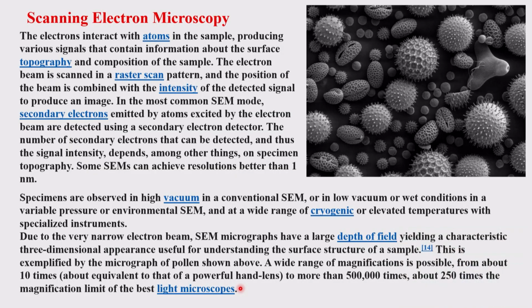Just to show an example: it is as if you're seeing through, but you're not seeing through as in TEM. You're seeing the top with some level of depth that you can see here. This exemplifies depth of field yielding a characteristic three-dimensional appearance, useful for understanding the surface structure of a sample.